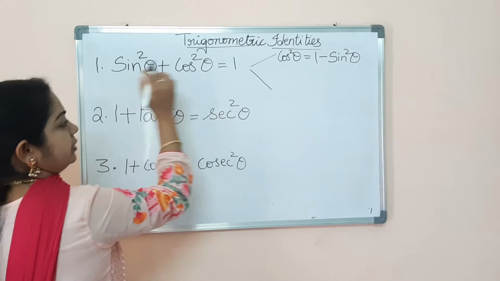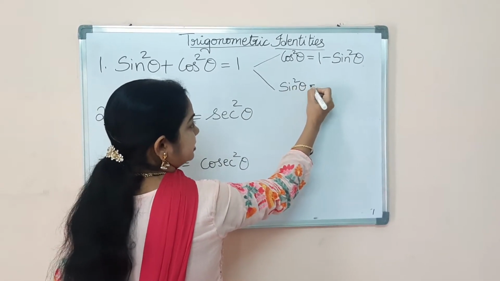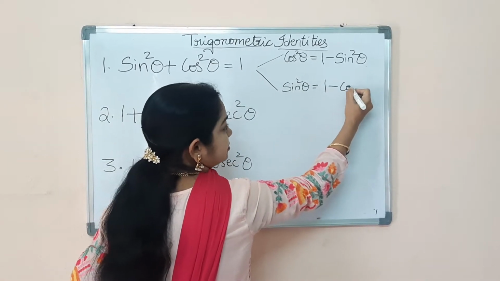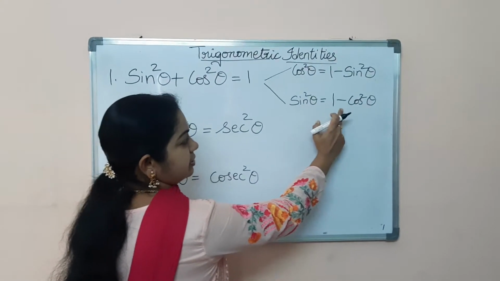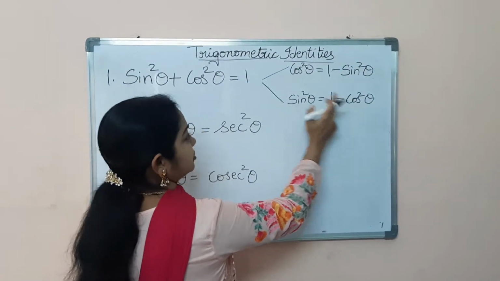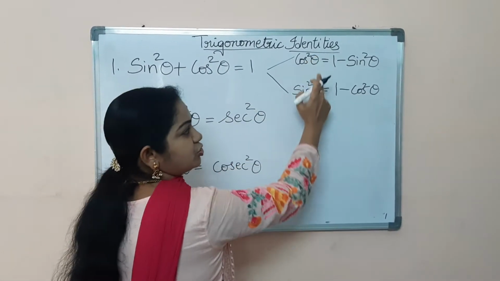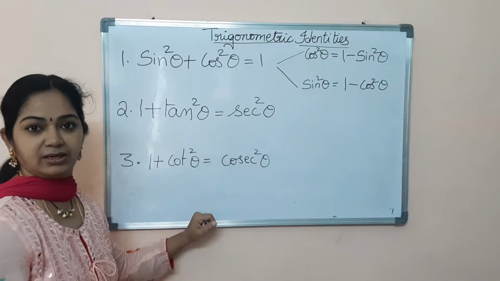And if we want sin square theta in particular, from this identity you will send this cos square to the other side: sin square theta is equal to 1 minus cos square theta. So from one identity, I have deduced two more equations. We are going to use all this in solving our problems.